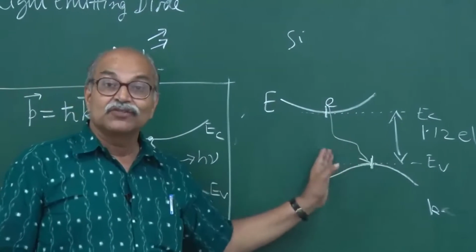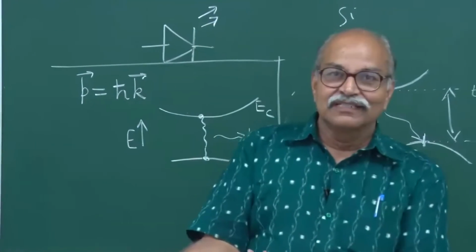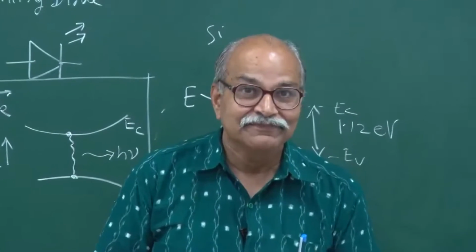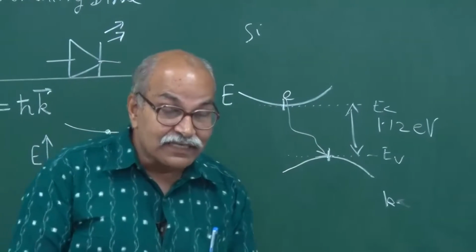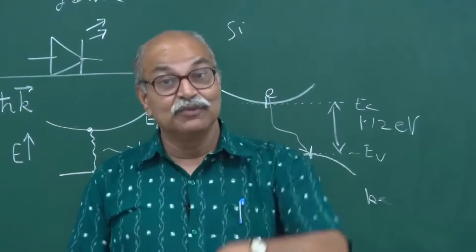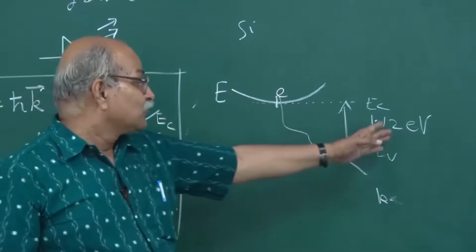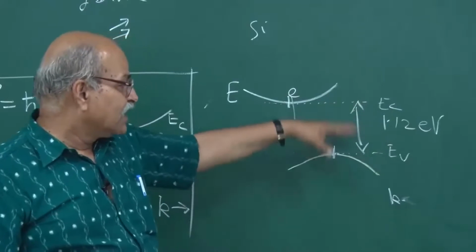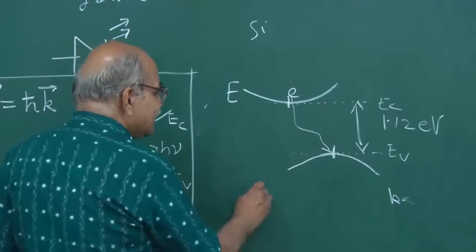the momentum also changes appreciably, and just a photon emission cannot respect that conservation of momentum, because momentum has to change this much. Therefore some kind of crystal momentum transfer to the crystal, some vibrations of the crystal, has to be brought in. So a photon of this energy coming out will not do. You will have vibrations, and energy will go into vibrations, and we call it a non-radiative transition.